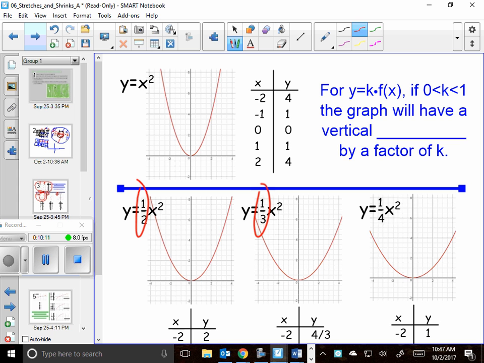That's called a shrink. And now, again, with a parabola, it looks kind of weird. It looks like it's melting a little bit, like it's sinking down. But if you really look at the point action, it's negative 2 comma 4 changing into negative 2 comma 1.